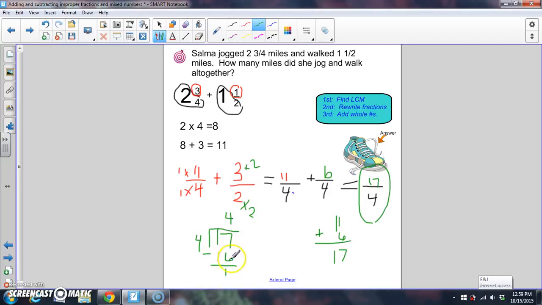Now instead of putting a remainder of 1, we're going to use the 1 to become a numerator, and this 4 right here is staying my denominator. 4 1/4. And that makes sense that 4 is the denominator since it was in all of these examples.